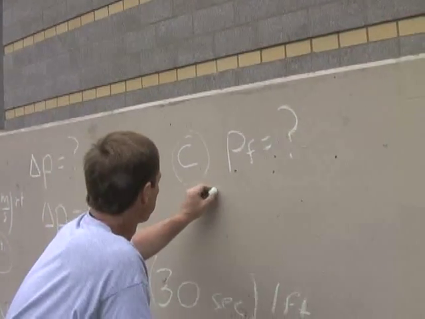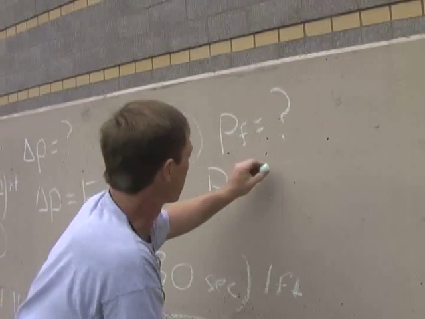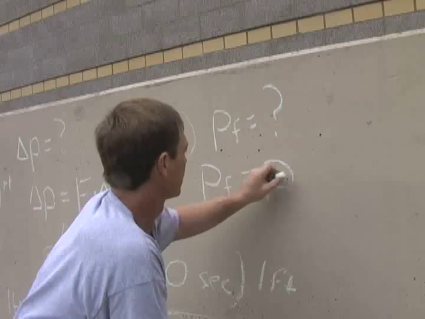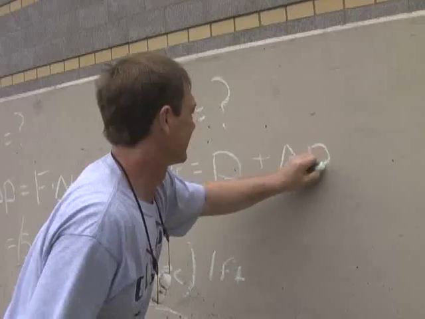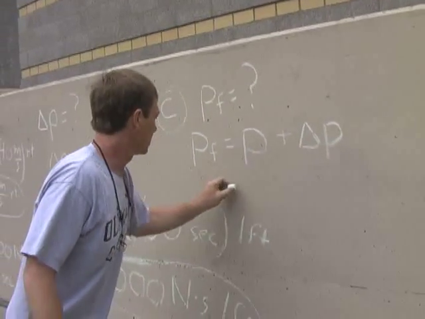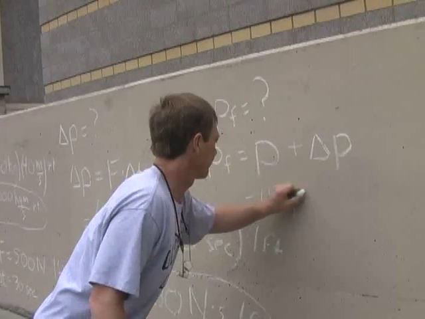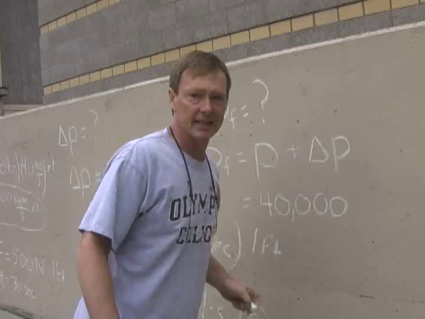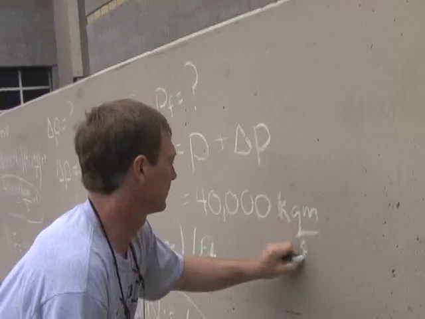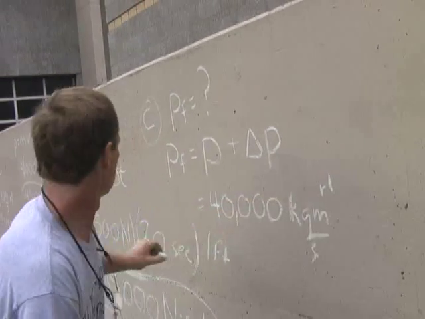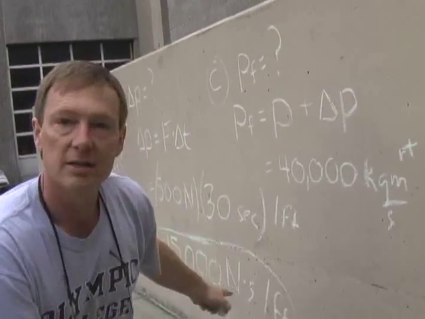The final momentum is equal to the original momentum plus the change in momentum, which is 40,000 kilogram meters per second. That's to the right. Now that's plus 15,000 newton seconds to the left.